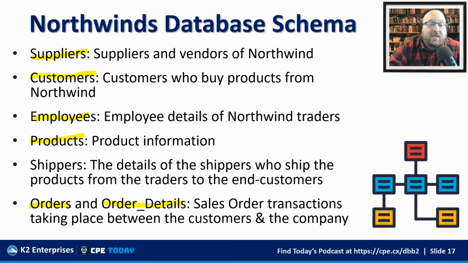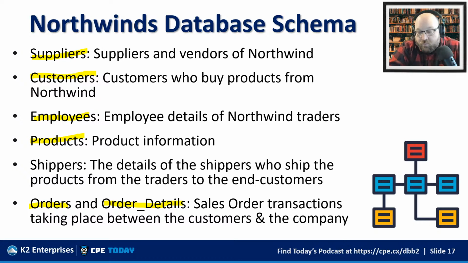So we'll create a detail table or a micro table that'll contain that additional information. And sure enough, with Northwinds, we have that. The orders table contains the big stuff that we need to know. The order details table is going to contain the line item detail for the order, where each line item would represent a single row, and that row would be one entry on the overall invoice.